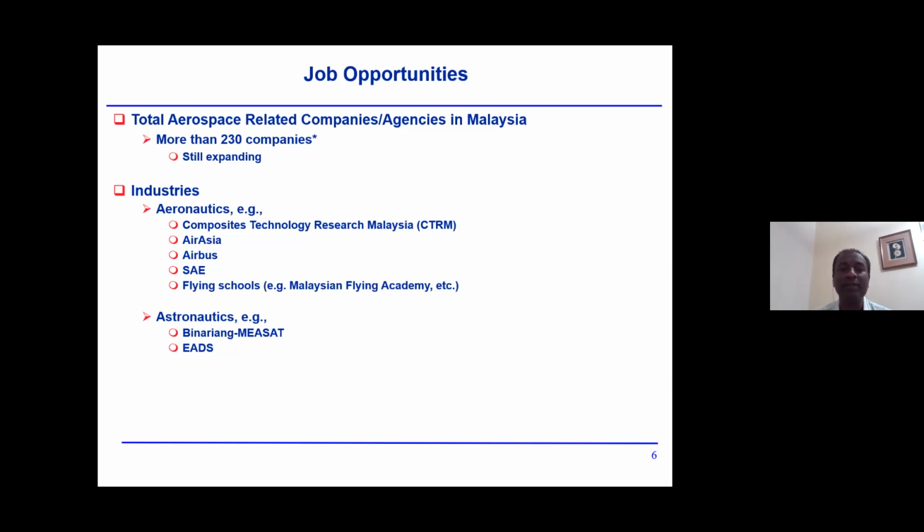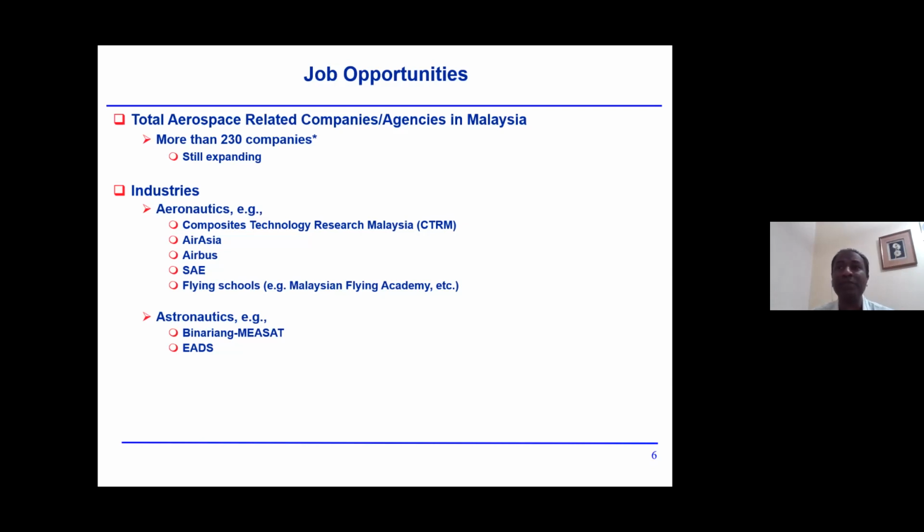If I pick a good example, maybe AirAsia, I think all of you know that. Yes, indeed, there are aerospace engineers working in AirAsia. There are also mechanical engineers and electrical engineers working there. But the job is limited for electrical, and limited for mechanical.